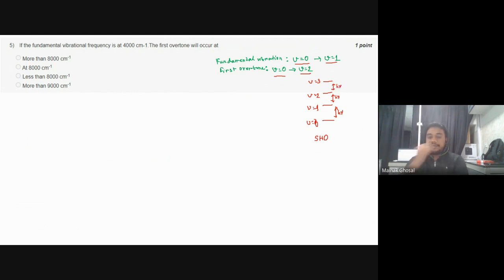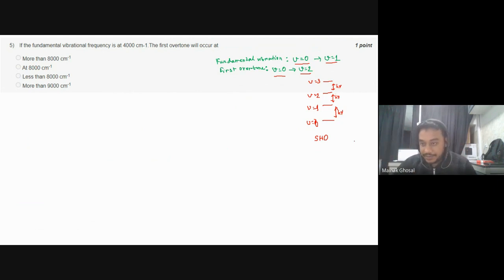This is your simple harmonic oscillator approximation, that the energy difference between two states is the same. So if you find any energy, you cannot tell which transition it is coming from, because all the energy differences are the same.